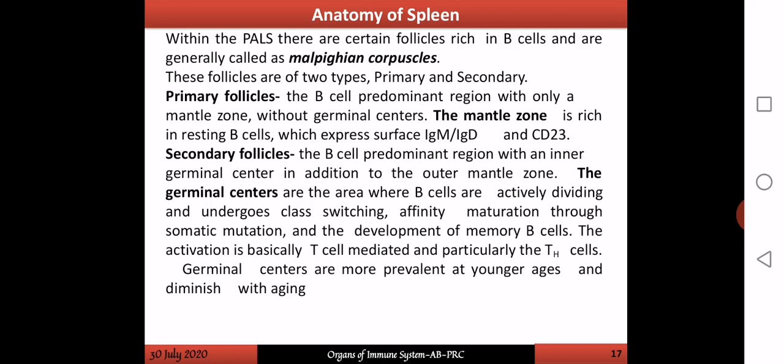Activation is basically T cell mediated, because these memory B cells and other B cell activation will be mainly T cell mediated, as there is a collection of T cells all around this white pulp region. So that's about this cross-sectional discussion of the spleen.